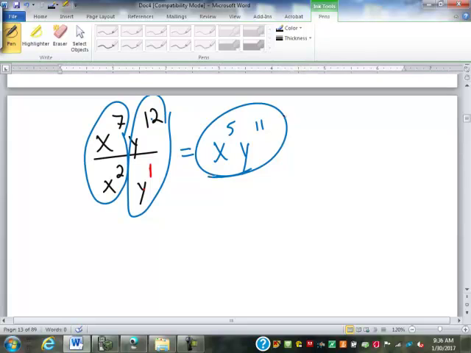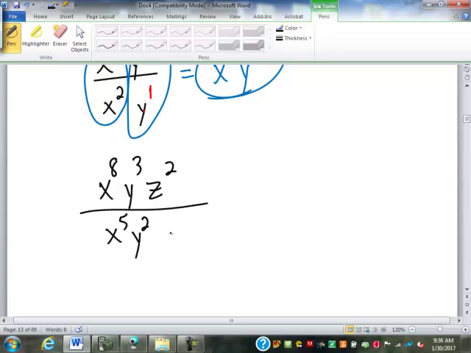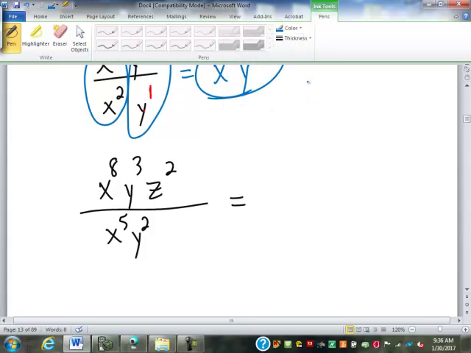What if we run into something like this? What can we do there? We've got the x's. It becomes x to the 3rd. Good. Yes, 8 minus 5 is 3.